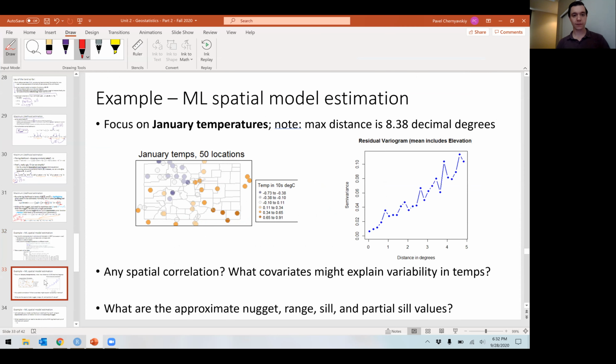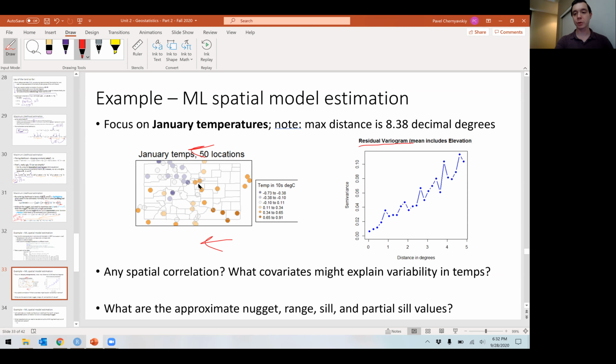First things first, I can make a plot of my January temperatures. I have cool colors and warm colors representing cold temperatures and warm temperatures. There's clearly spatial dependence here, but there's probably a need to account for elevation because, not surprisingly, elevation increases as we go from the east to the west in the state.